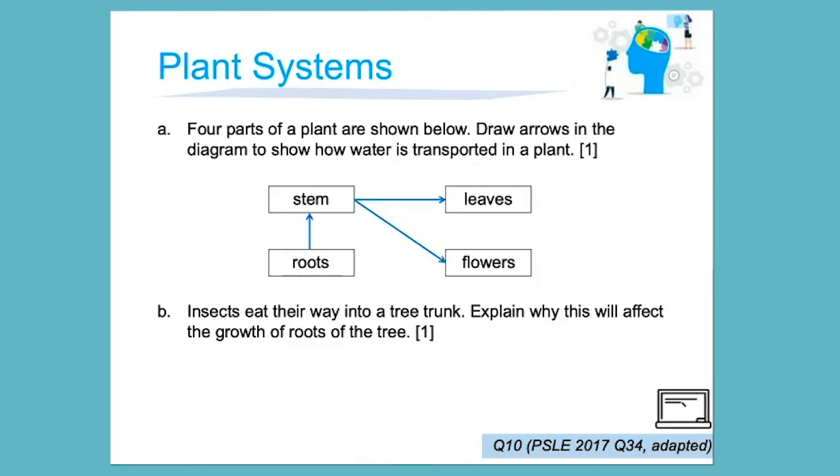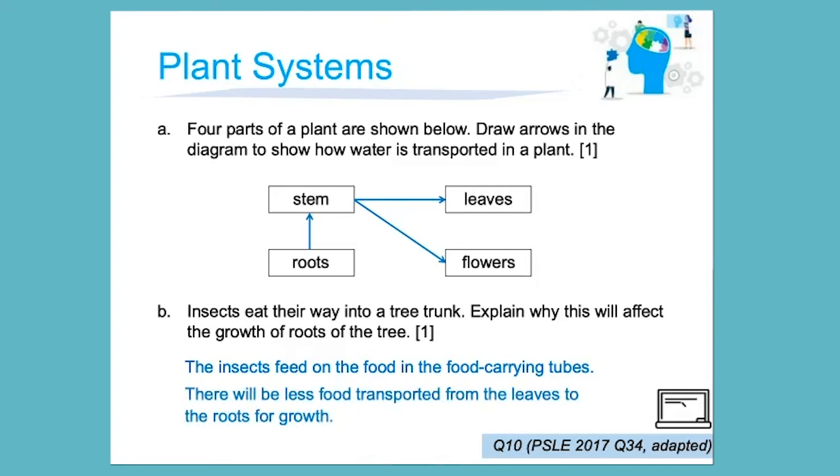Now, insects eat their way into a tree trunk. Explain how this will affect the growth of roots in the tree. Basically, if the insects are feeding on the food, they are in the food carrying tubes, so less food will be transported towards the roots for growth and development. You must be able to tell me exactly which tubes will be affected.